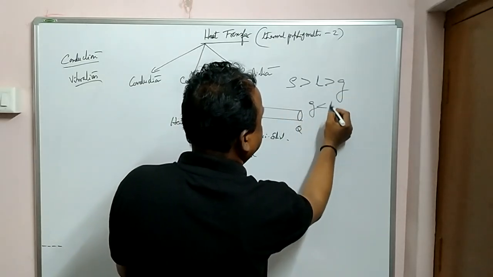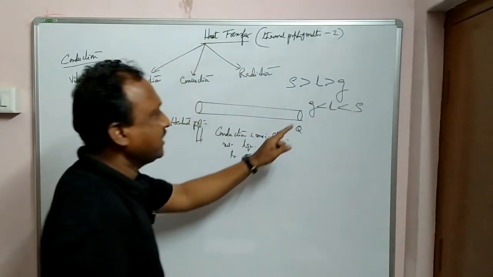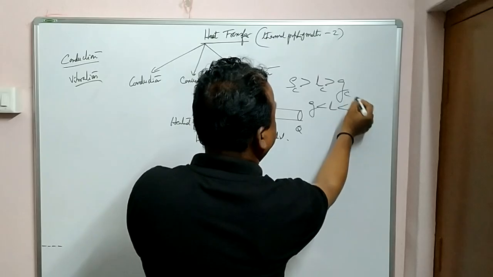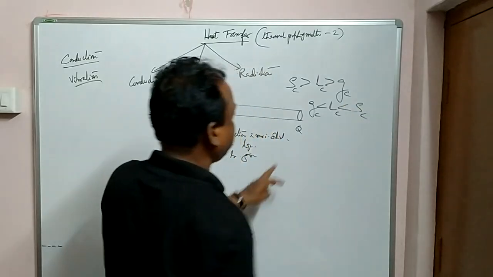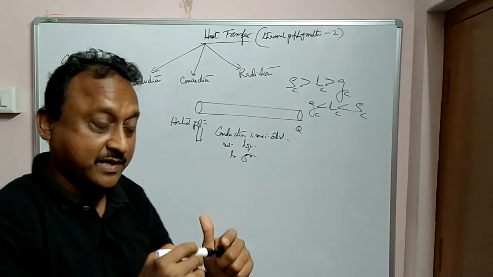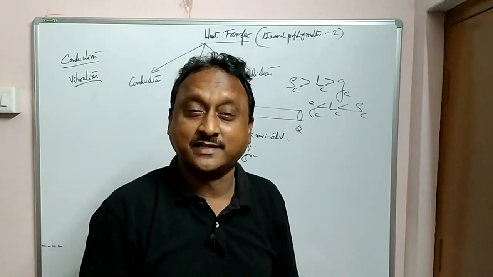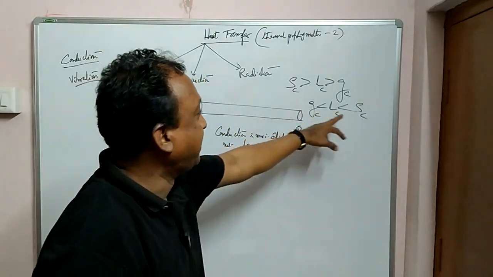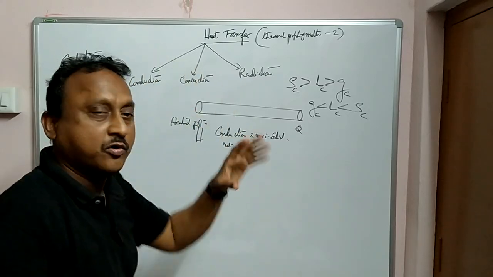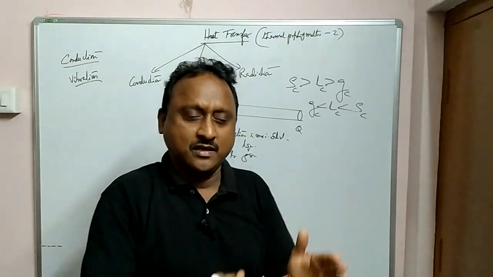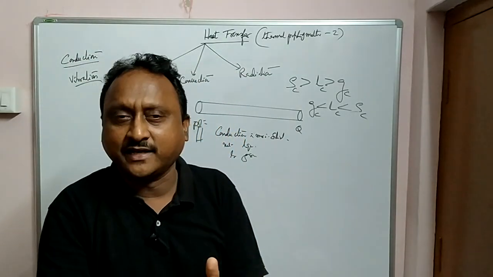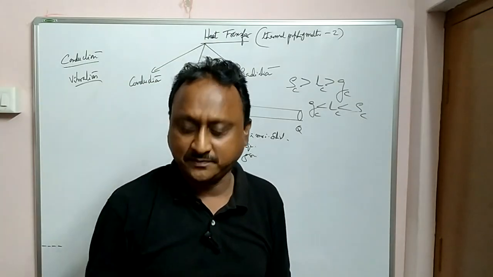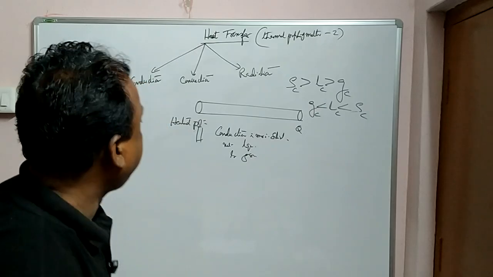Or gases less than liquids, less than solids. So conduction is more in solids than liquids, than gases. Because atoms and molecules are tightly packed in solids, more conduction is done in solids compared to liquids and gases. So due to the vibration of the particles, one particle transfers heat to the next particle, and like that the heat is transferred to the other end. This is the method of conduction.